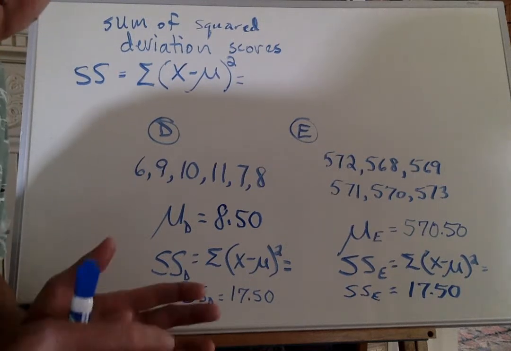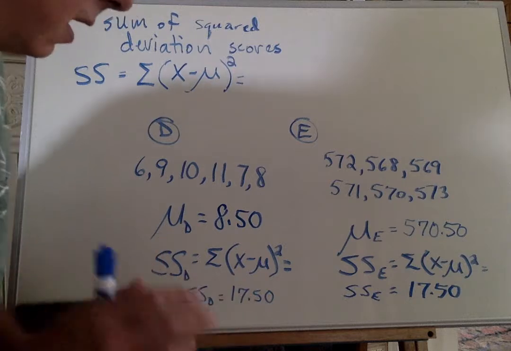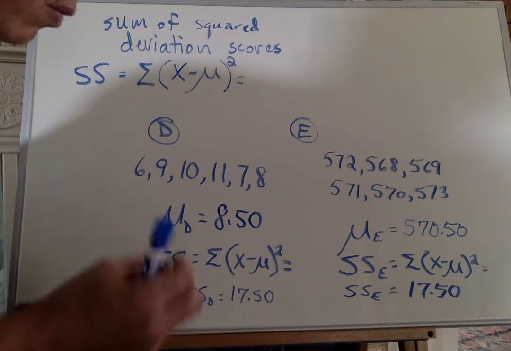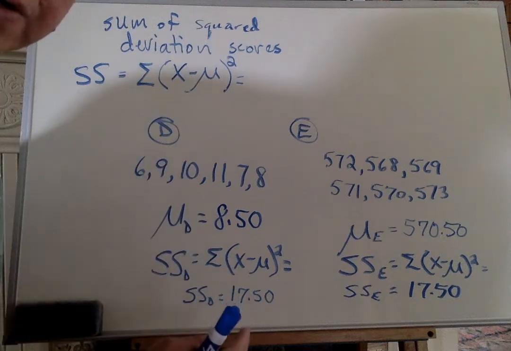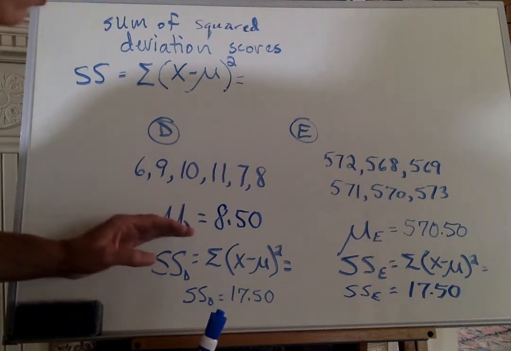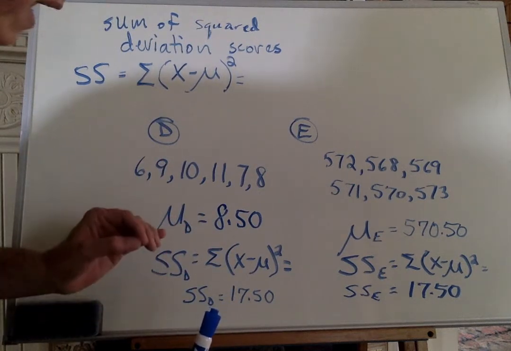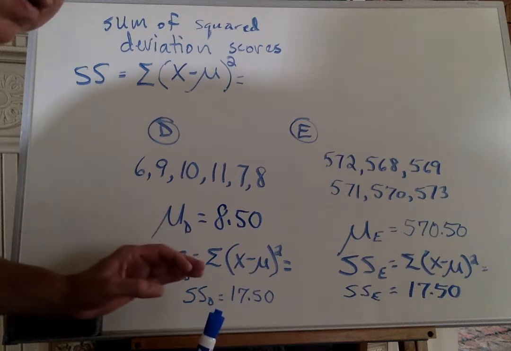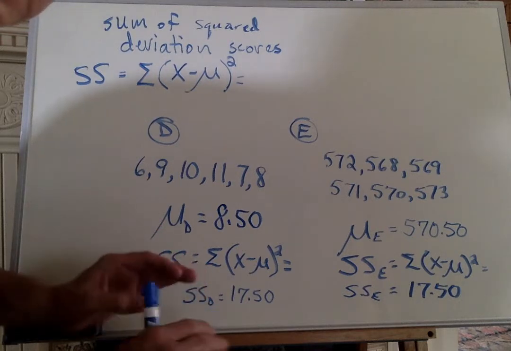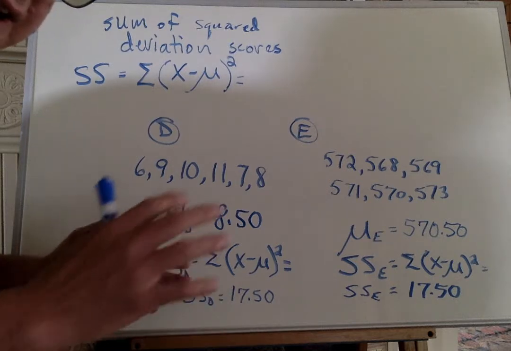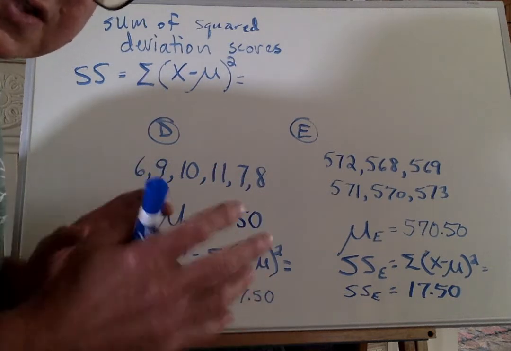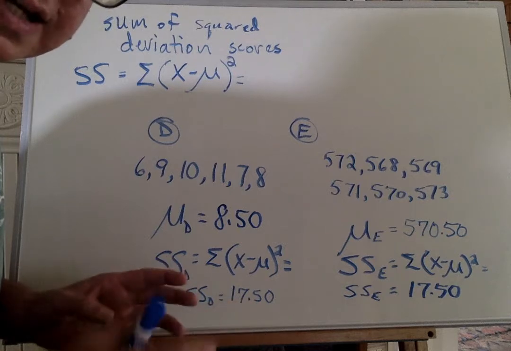And I do this purposefully. One of the reasons that I use these specific sets of numbers is to try to show you in a real way that variability, spread outness, okay, is really independent of the size of the numbers in the data set.